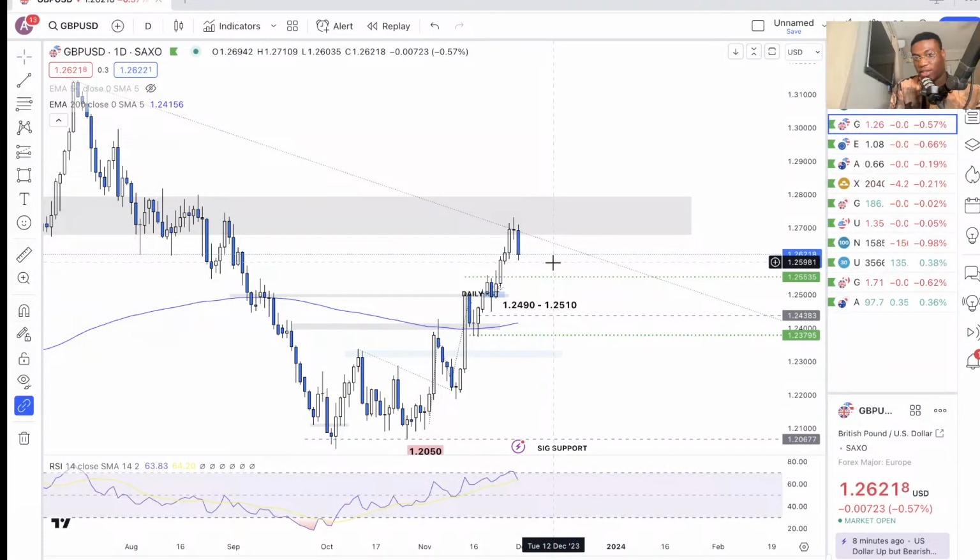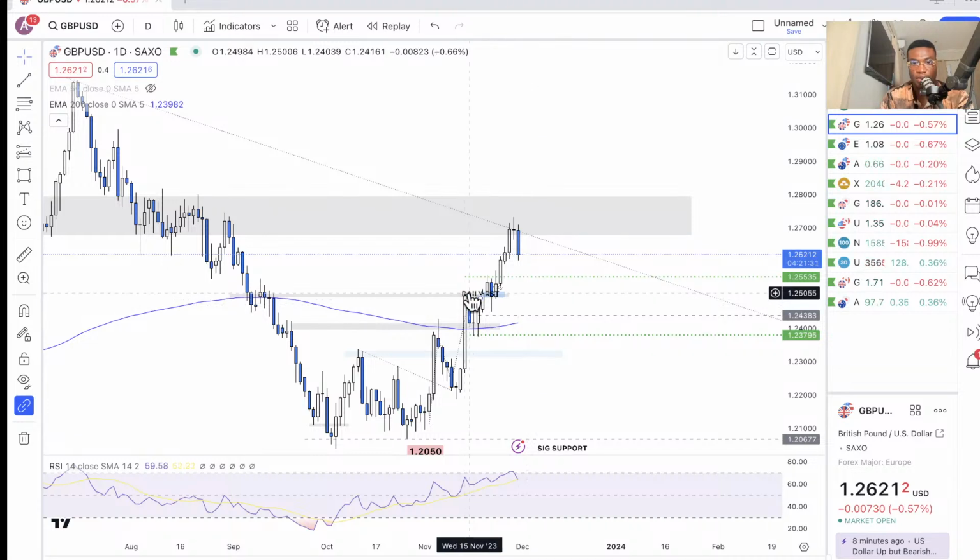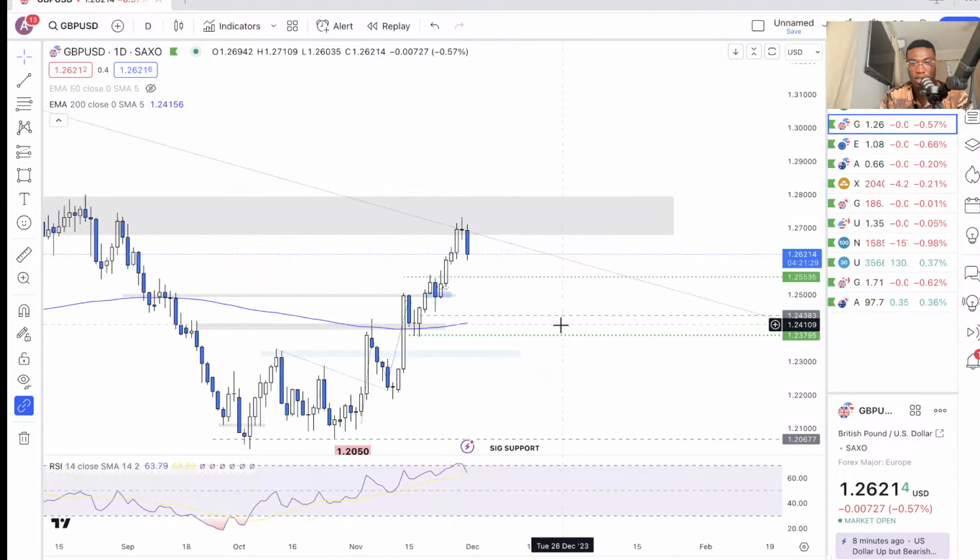So again, just a recap on pound dollar. Just because we have this reaction to this key level and this trend line, I expect to see some short-term bearish move, probably trading all the way down to, I'll take this off, also take this off so you guys can see clearly.